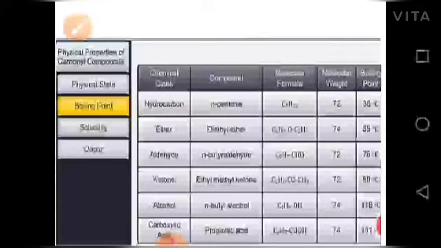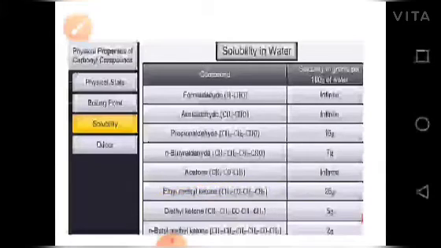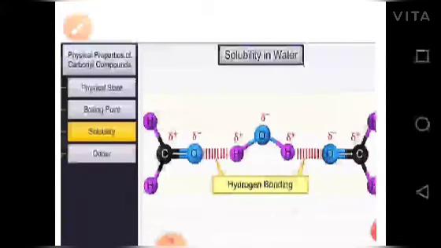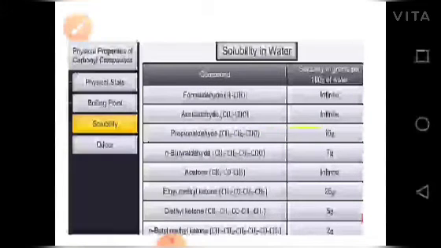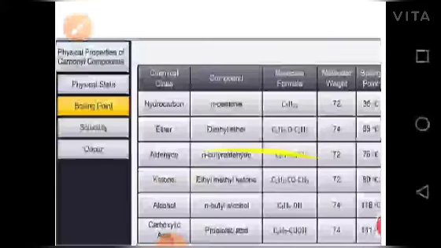Now let's look at the physical properties of carbonyl compounds at room temperature. Formaldehyde is a gas at room temperature, while acetaldehyde is an extremely volatile liquid, and the higher aldehydes, except acetaldehyde and formaldehyde, are liquid or solid at room temperature. Now aldehydes and ketones have higher boiling points than hydrocarbons and ethers.